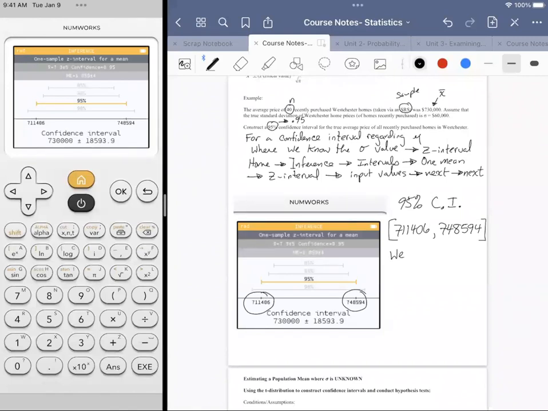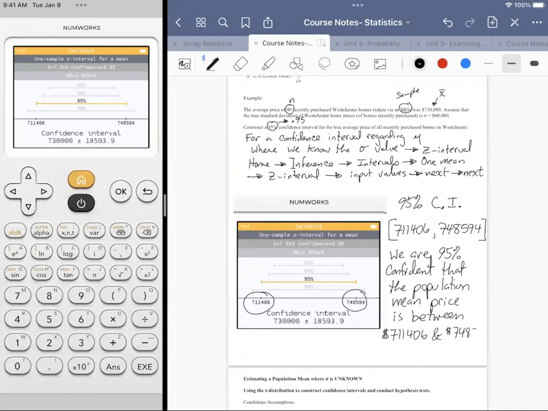What we say is we are always 95% confident that the population mean price, okay, we always say what it is, between, these are dollar amounts, so $711,406 and $748,594.